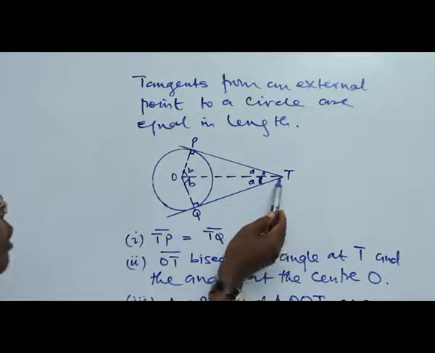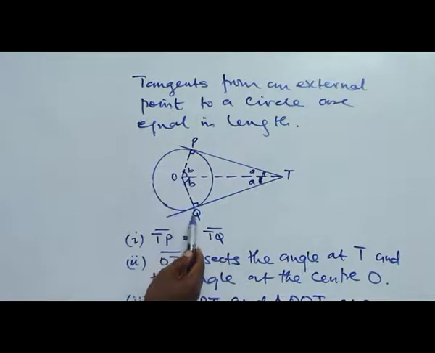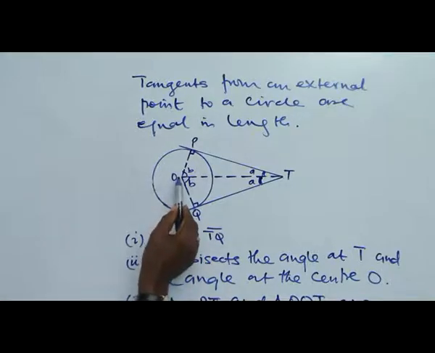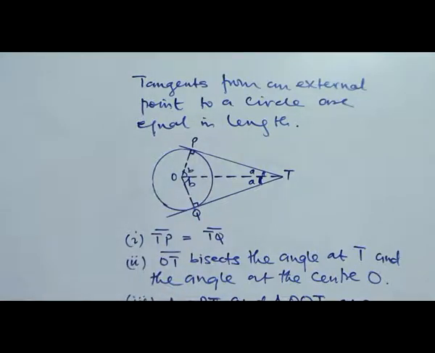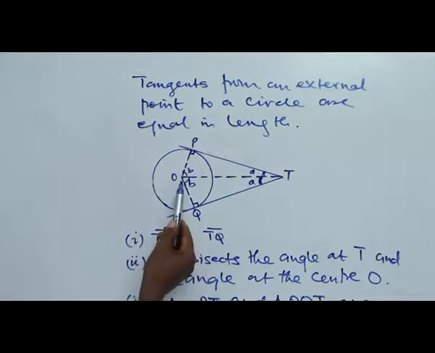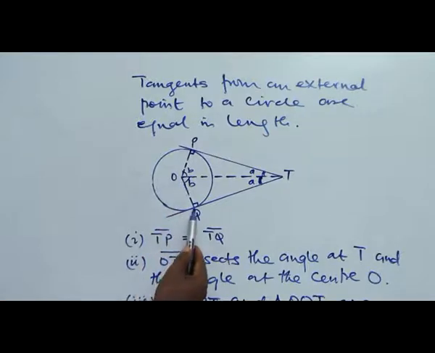From this external point, a line was drawn to the circle and is a tangent to the circle. Now, at the center here, from O to Q and from O to P are the radii of this circle. Radii is the plural of radius. And of course, we have said that the radius is perpendicular to the tangent.